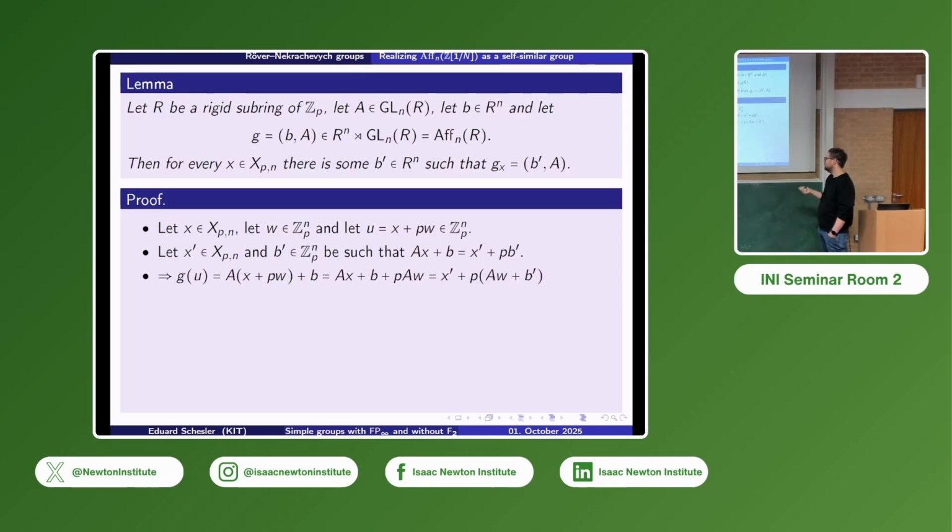Then if we apply G to U, we see that the level 1 part is X prime, and the remaining part is given by applying A, comma B prime to W. So if we translate it back to the tree language, this tells us that the state of G at X is simply the affine transformation given by A, B prime.